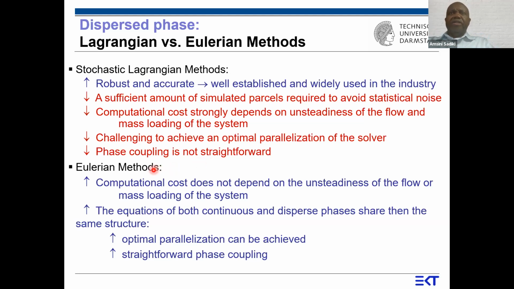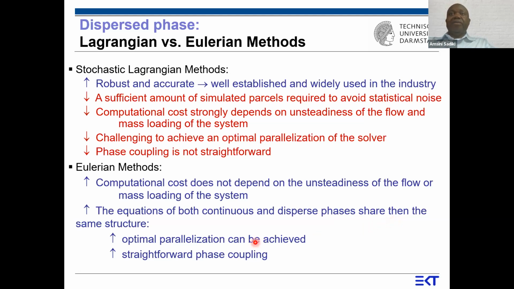Eulerian methods. The computation cost does not depend on this here, because the set of equations we get is exactly the same as we have for the carrier phase. So the solving procedure will be the same, and the equations of both continuous and dispersed phases share the same structure.